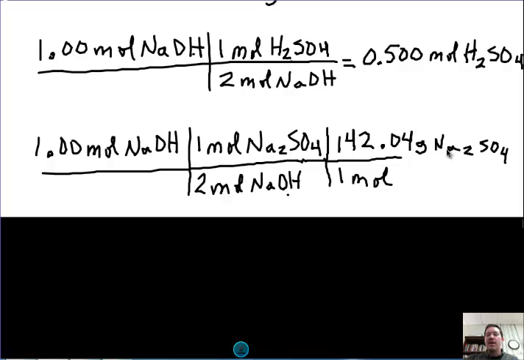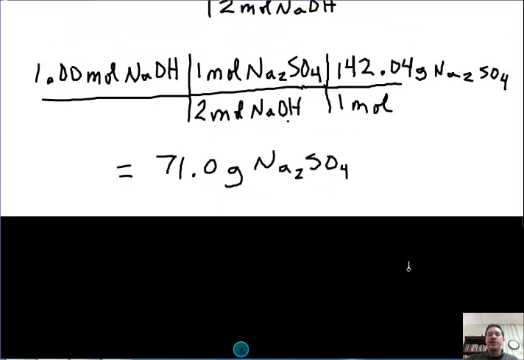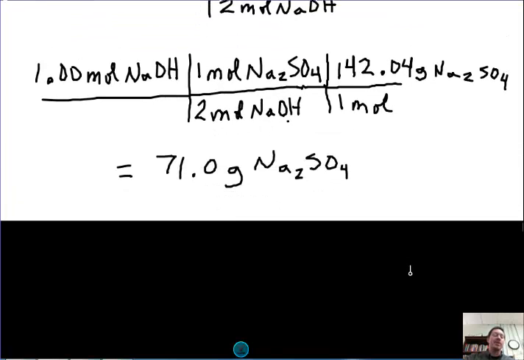And again, I'm adding the mass of 2 sodium plus 1 sulfur plus 4 oxygens, which gives me 142.04 grams. So multiplying the top, dividing by the bottom, what I should end up with is the theoretical value, 71.0 grams of sodium sulfate.